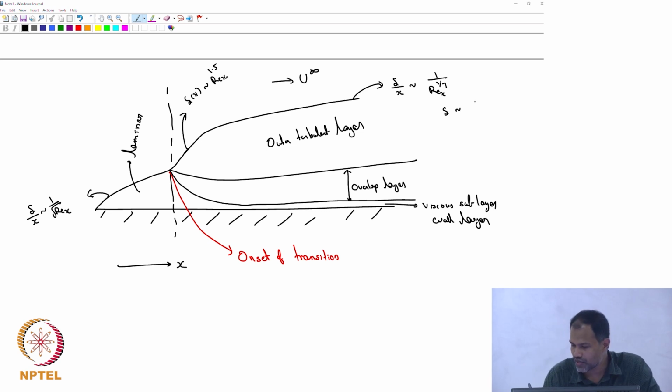So delta will go as x by x to the power of 1 by 7, so it's x to the power of 1 minus 1 by 7, which is 6 by 7. Yeah, so that's how the growth is going to be.